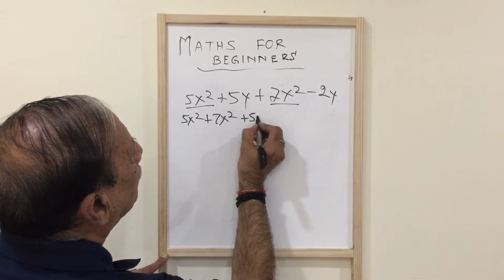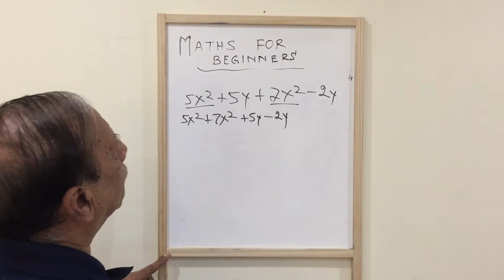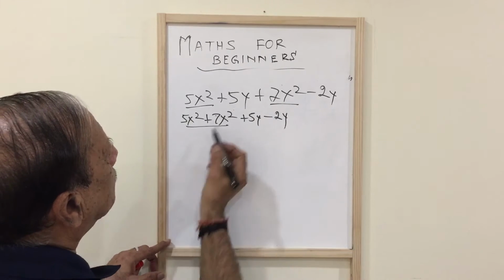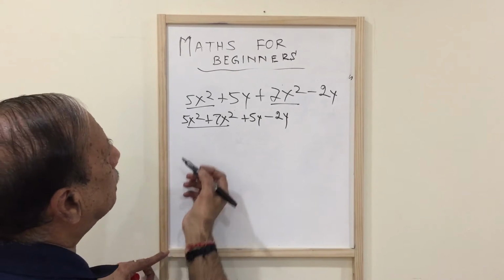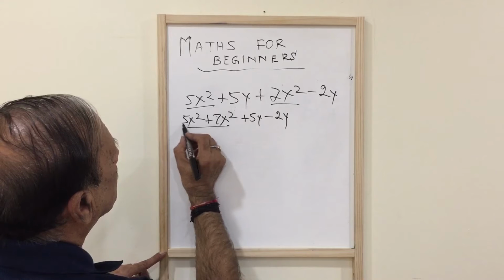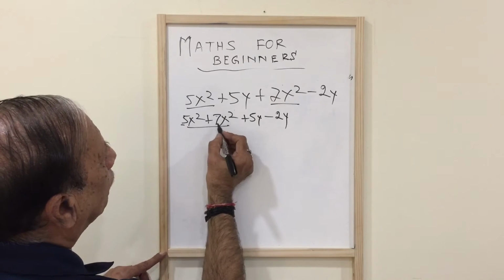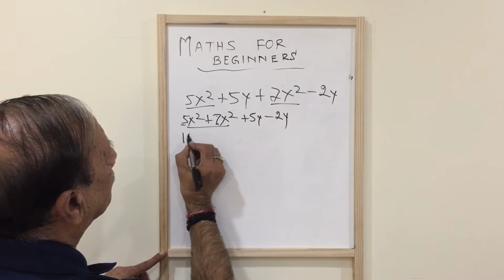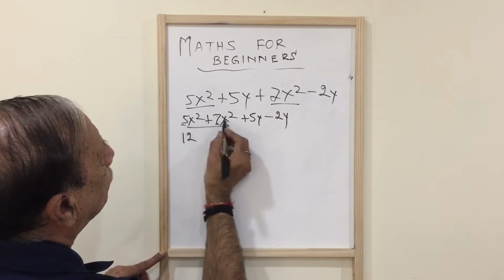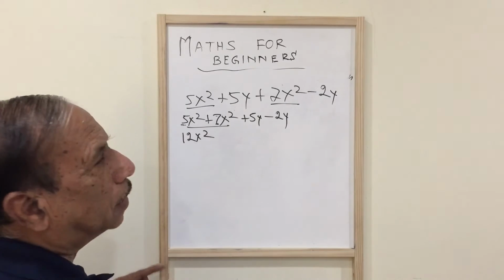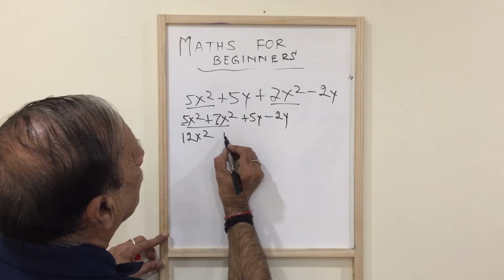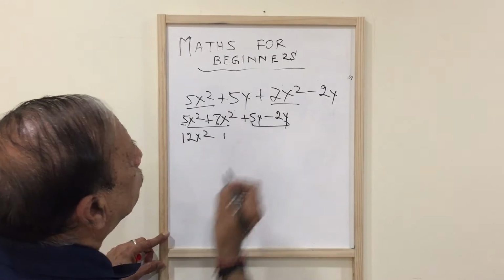Then you have to write 5y minus 2y. So x square is common in these, and 5 and 7 are coefficients. You have to add 5 and 7 first, that comes to 12, and then you have to put x square over there. It's the same variable. Then you have to solve this.